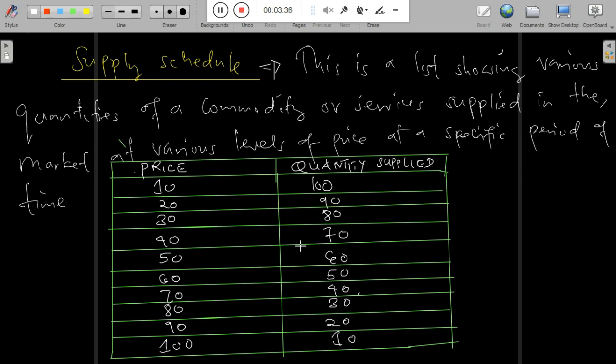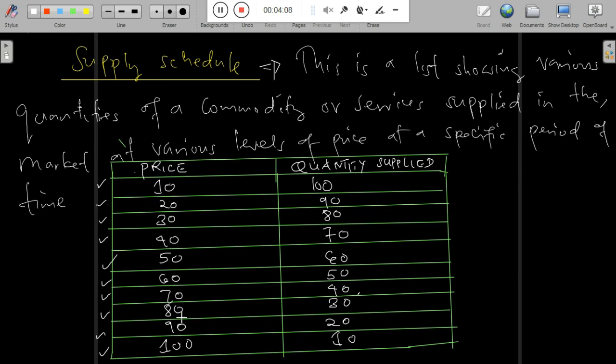So when you observe this supply schedule, you see that when the price is 10, the quantity supplied was 100. But when the price increases from 10 to 20, we observe also to see.